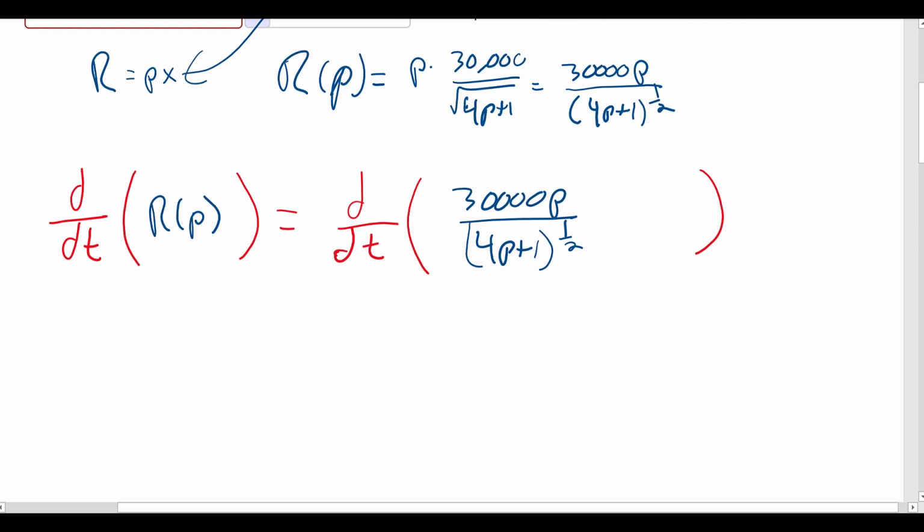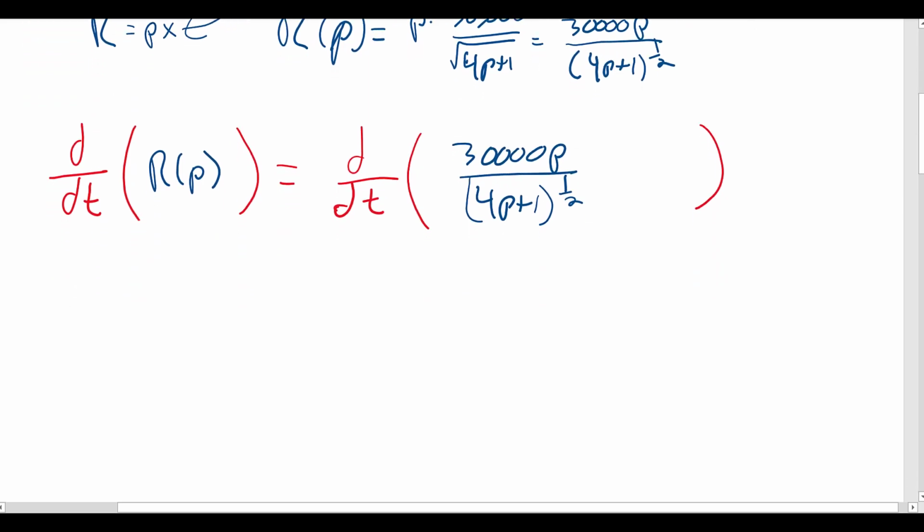Now the left side's pretty straightforward. We're just looking at dr dt, and that's our ultimate goal right there. That's what we're after.